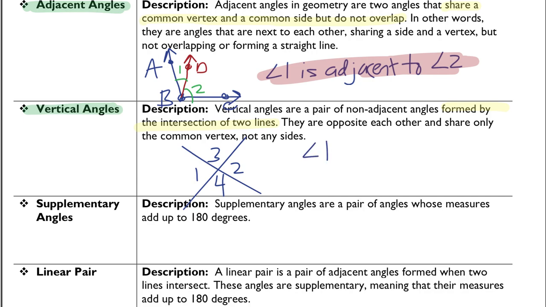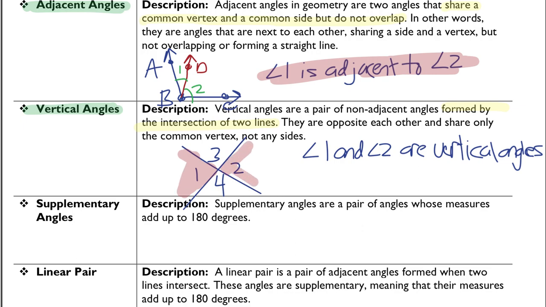Angle 1 and angle 2 are vertical angles. Let me go ahead and highlight that. This angle over here is vertical to this angle over here, just so you can see that.